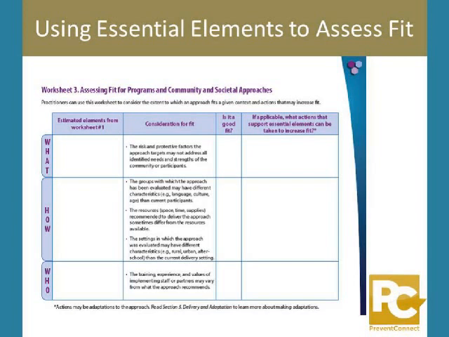And that might actually be more help with actual selection. But maybe more common in some contexts would be after an approach has been selected. But the essential elements and the framework we use can still be helpful in assessing fit. And this really flows into the next idea of adaptation.